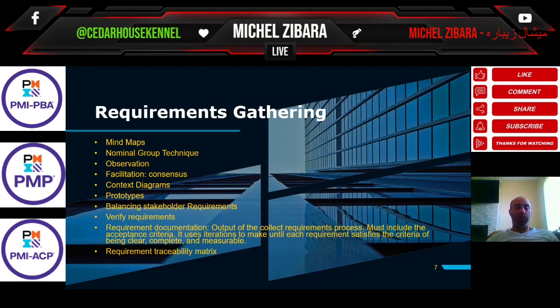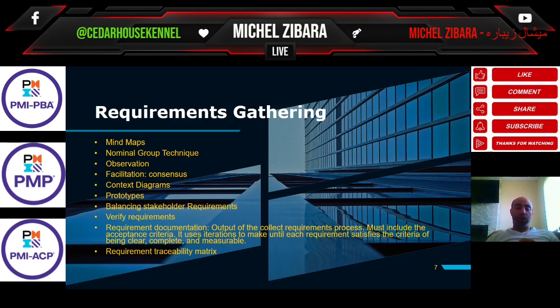There is the majority plurality. There are different types of facilitation and voting, but consensus is the ultimate end goal of having everybody agreeing in the room on a decision, or on an idea, or on a requirement.